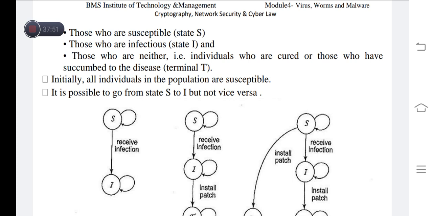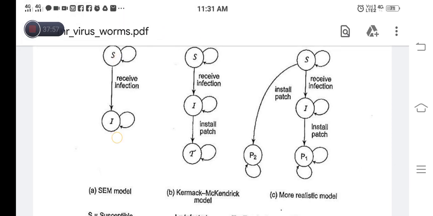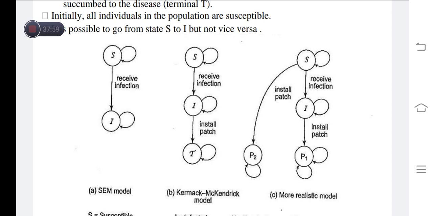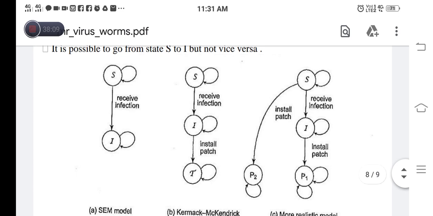These are the assumptions in the KM model. Now we are seeing the diagram here. We are moving from the state S to state I, and once the susceptible entity becomes an infectious entity, he cannot recover back. He will be an infectious entity only.